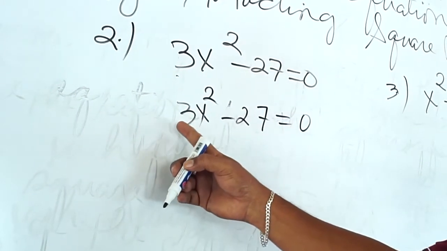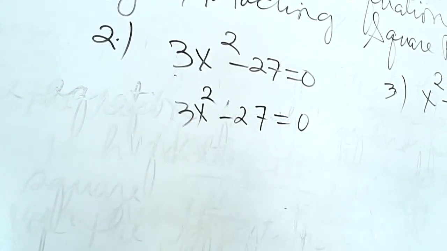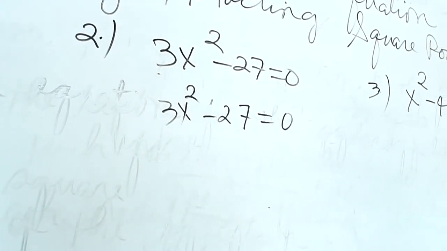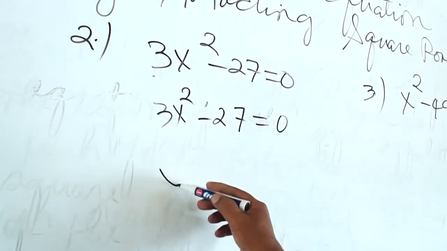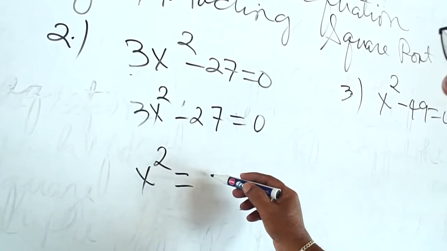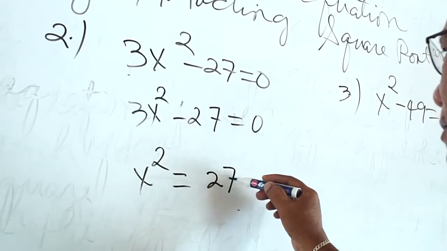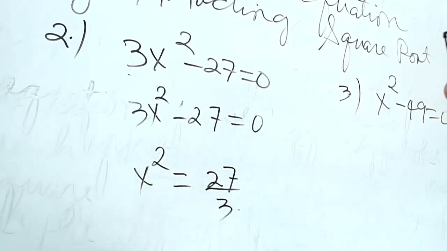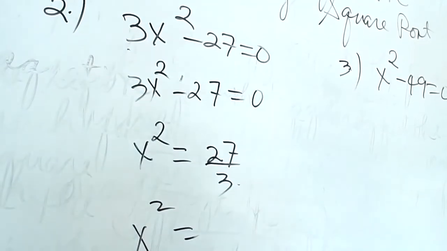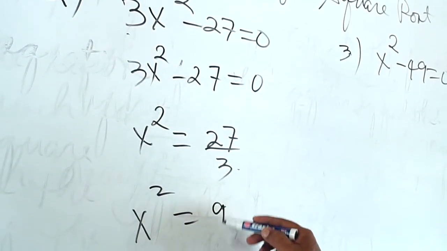To eliminate the numerical coefficient of x squared, just divide both sides by 3. So x squared is equal to 27 divided by 3, which is 9.